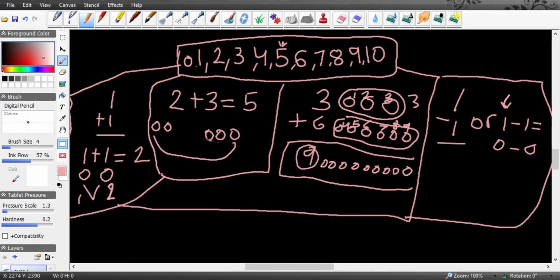That means we're subtracting it. That's the concept. So 1 minus 1, circle minus circle. If you have one circle and then you take off one circle from that, you're going to have 0.